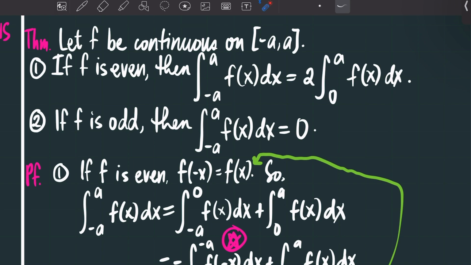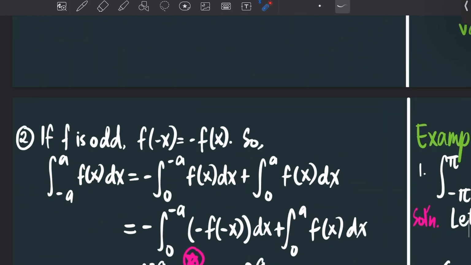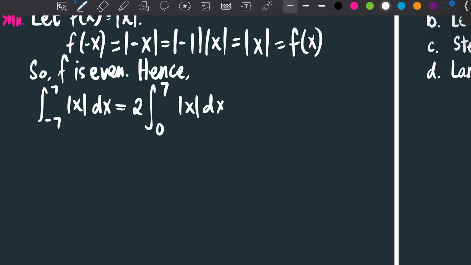Nandito. It becomes twice the integral from 0 to a. So, it becomes twice the integral from 0 to 7 of absolute value of x dx.